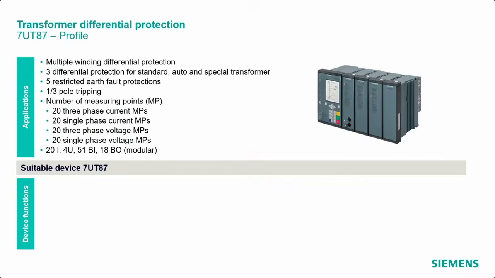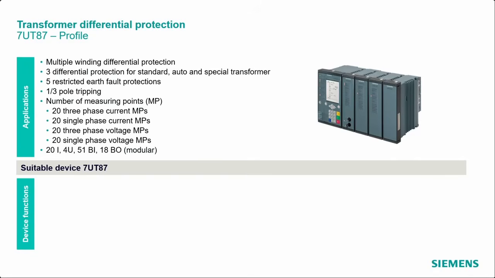This is a lot of measuring points. I would recommend if you start the engineering for that device, please try it in Dixie before that. The load model in Dixie tells you if it is possible to upload the configuration to the device or not, that the CPU is not overloaded yet.